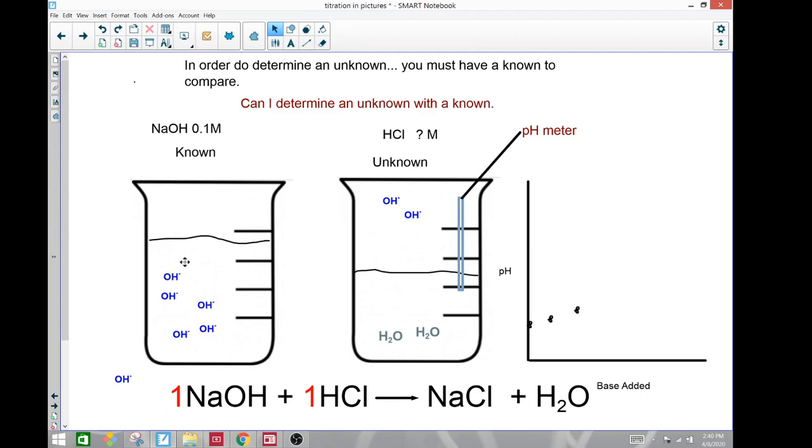I drop some more in, and I get another water molecule produced because I must have an H plus present there. Now keep in mind, I'm just working my way towards being neutral and getting ever so close. Add in one more hydroxide, and I get one more water molecule. And at this point, I get to my pH of 7, and I realize that at this point, I'm now stopping. So I stop.